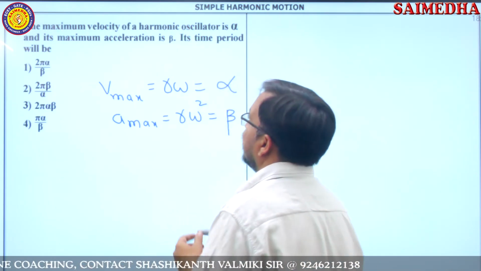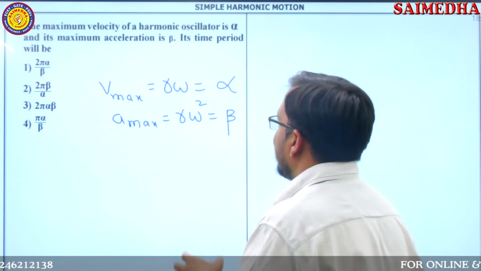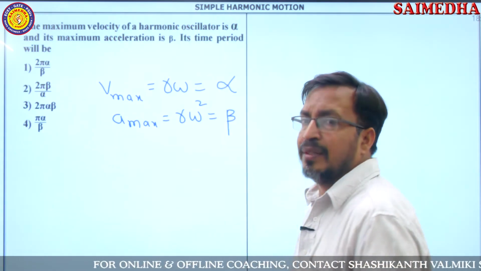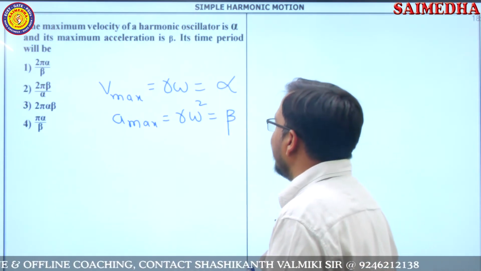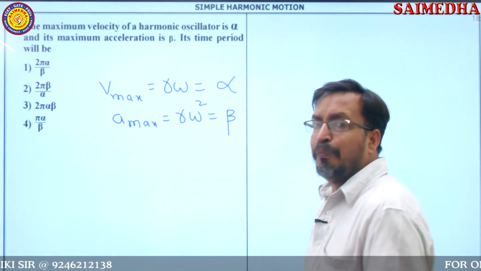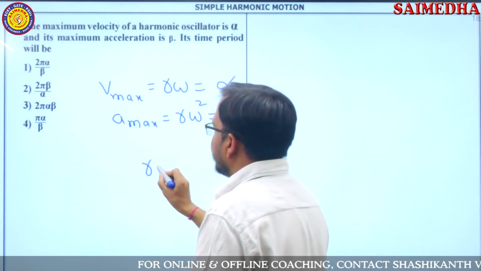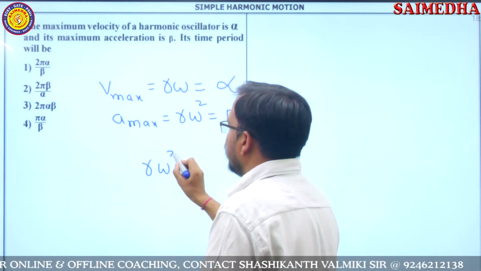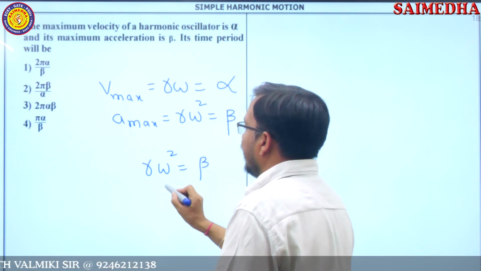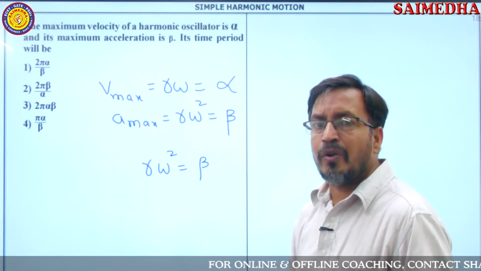Read it again. The maximum velocity of a harmonic oscillator is alpha and its maximum acceleration is beta. So r omega equals alpha, and r omega square equals beta. Now r omega square equals beta, and we can write r omega square as r omega into omega.